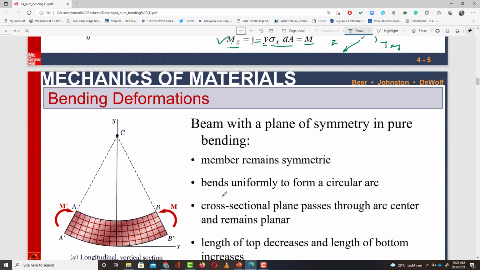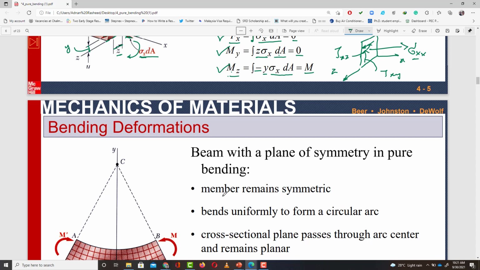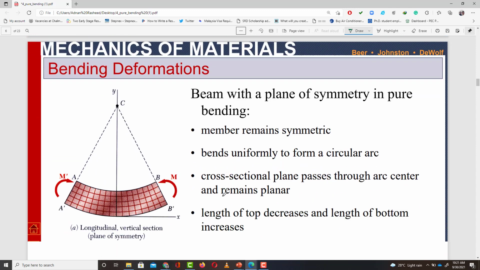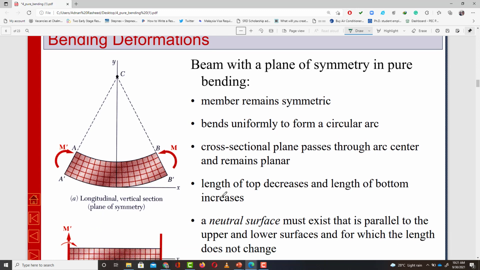So now we will move toward the bending deformation, that is, what will be the shape of deformation when a beam is subjected to a couple or moment. So you can see a beam with a plane of symmetry in pure bending. Let's say you have a symmetrical beam.